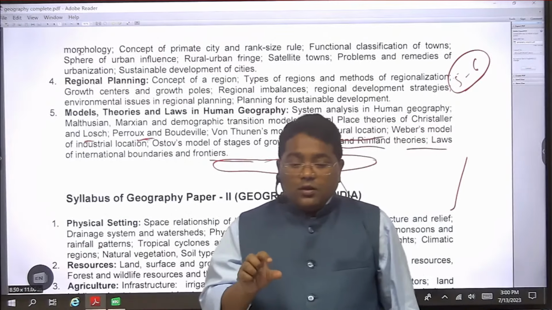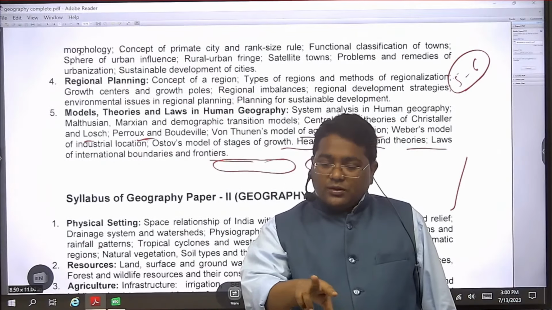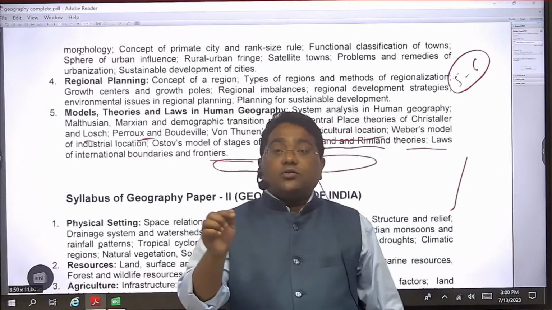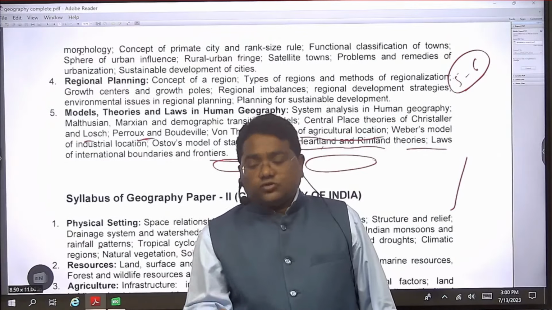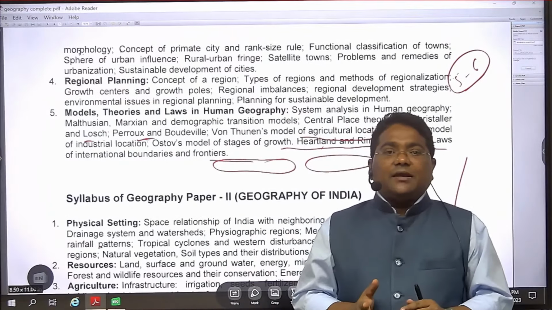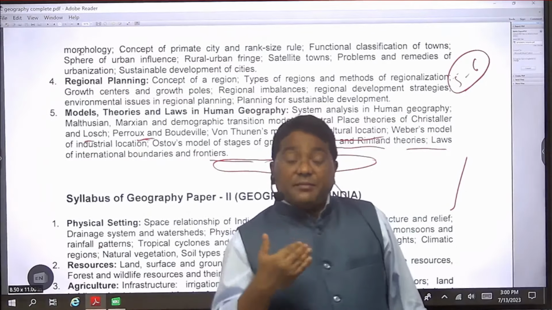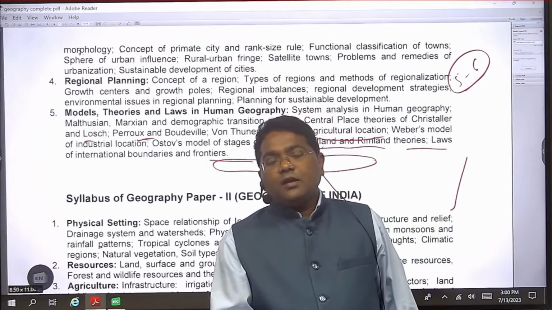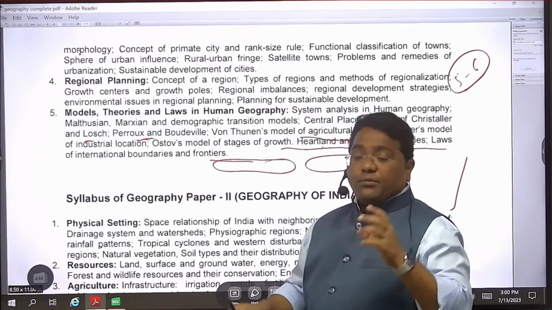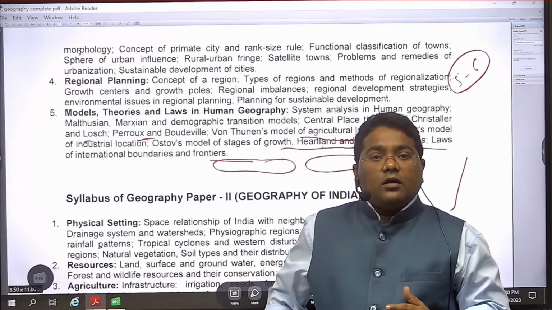For example, any lake present between two lands: people on this side can use it for fishing, and people on the other side can also use it for fishing. So people on both sides can use that lake. You cannot demarcate it. If you want to demarcate, how can you demarcate on the water? Just an imaginary line, right? So this topic is very, very important. Boundaries and frontiers have appeared more than 15 times in the exam, right?